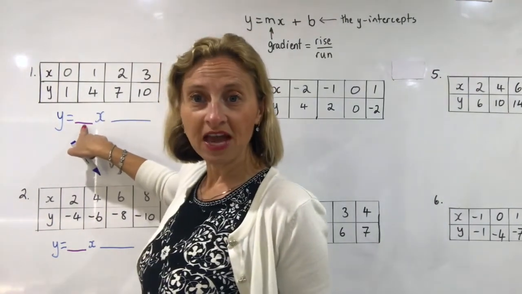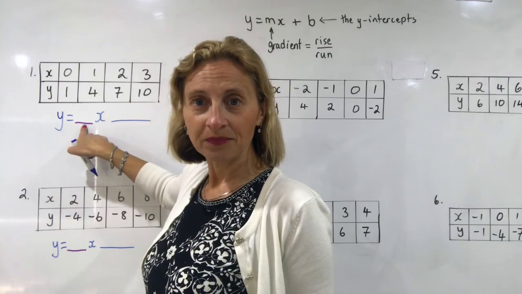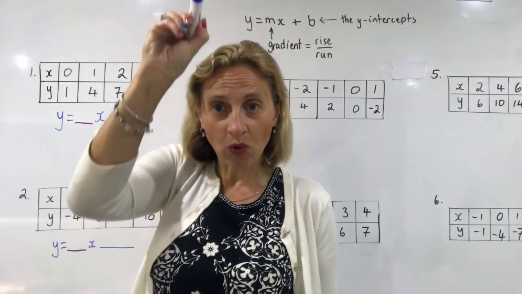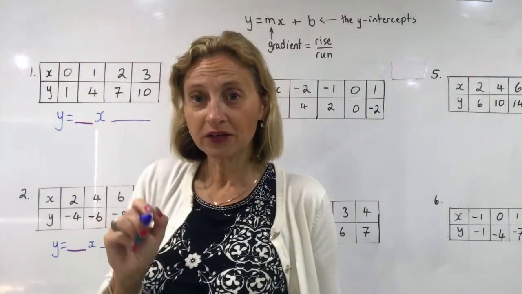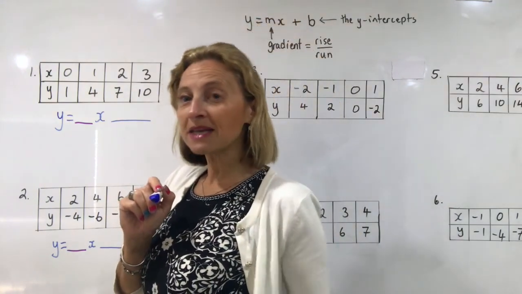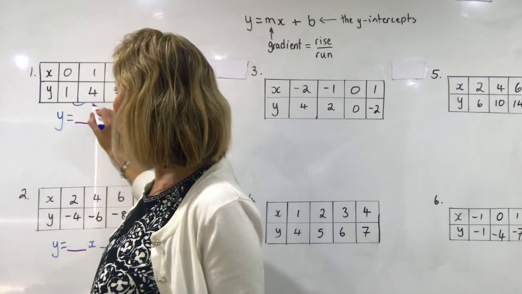What goes in front of the x? We know that what goes in front of the x should be the gradient. The gradient of a line is rise over run. It's the distance in the y over the distance of the x. If we know that, surely it makes sense that we could say, okay, well, what are these going up by?